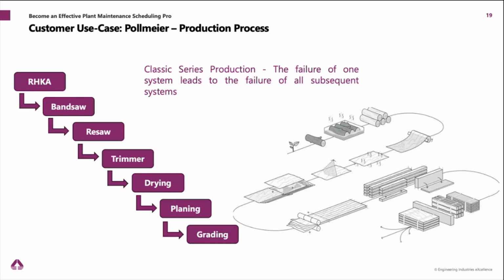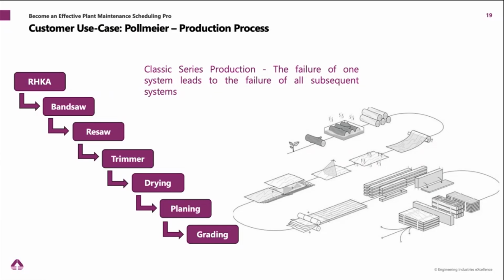It's very important that this production process runs smoothly, because if you have one failure in one of those steps, it has an impact on the subsequent processes. So from a maintenance perspective, you really have to keep an eye on it, and you need to ensure that the assets are operating in a good way.